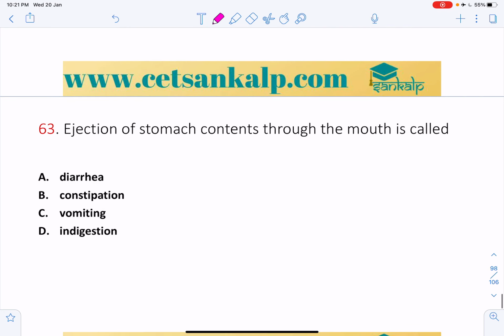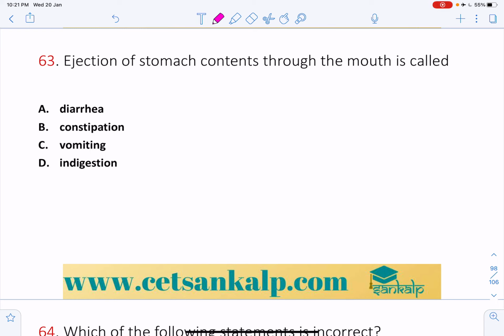Next question: ejection of stomach contents through the mouth is called what? Generally, vomiting. We say that when infectious or poisonous food is taken into the body and enters the gut, if it is not able to be digested, or it creates some irritation, a message is sent.